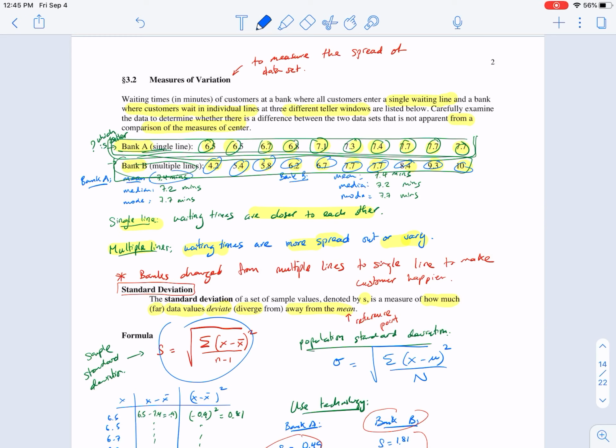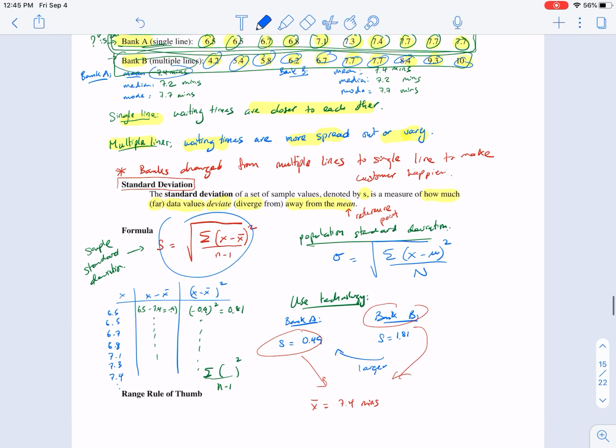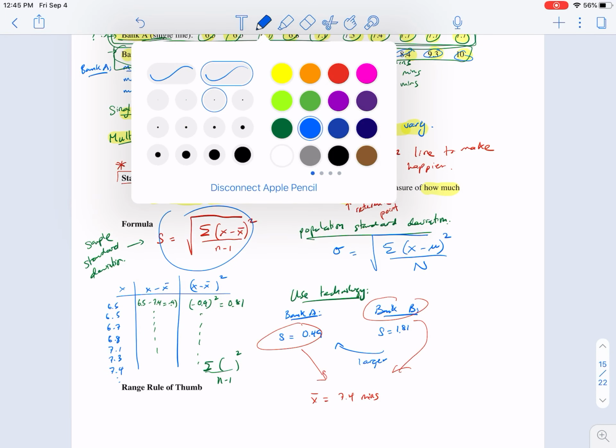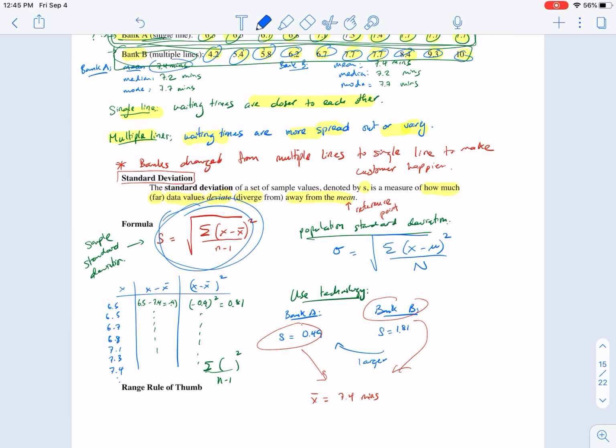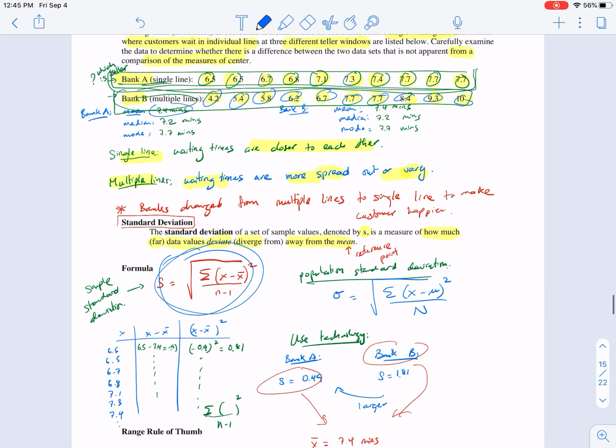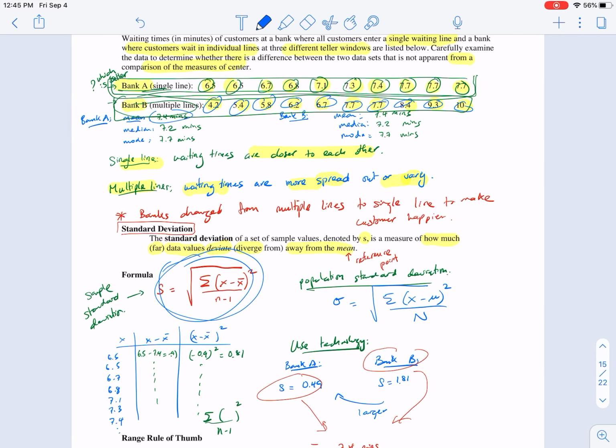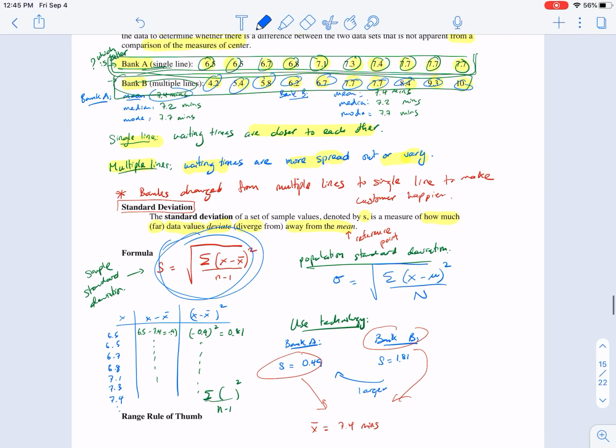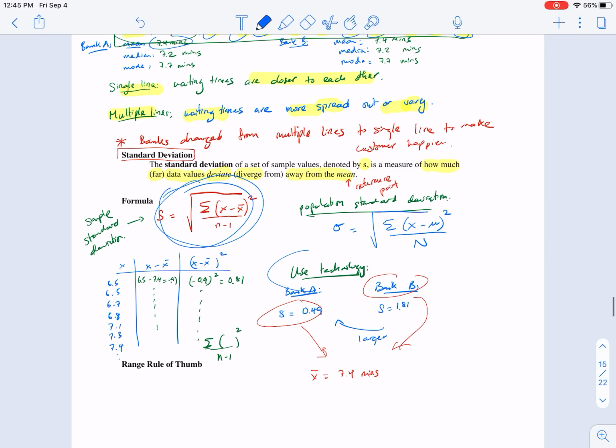It is used to measure how far data values deviate from the reference point, which is the mean. The formula for that is this here. We can calculate it manually, but it's more tedious if the data set is large, meaning 100 values or 1,000 values. So it's more efficient to use technology to compute the standard deviation.